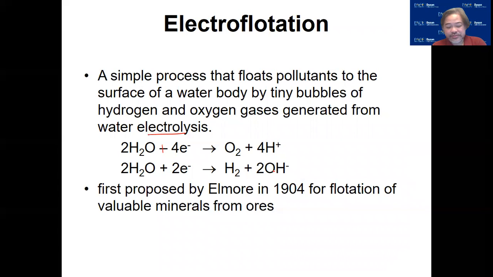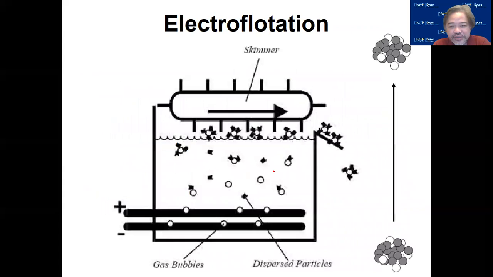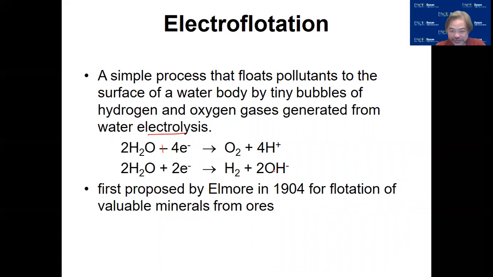Flotation. Okay? So in terms of the flotation device that you have here, you have electrochemical reactions at the cathode and anode, and there are hydrogen evolution and oxygen evolution reactions respectively. You could see it from the reaction here.